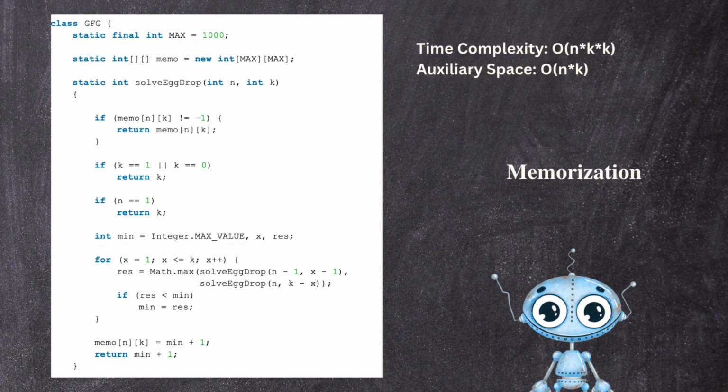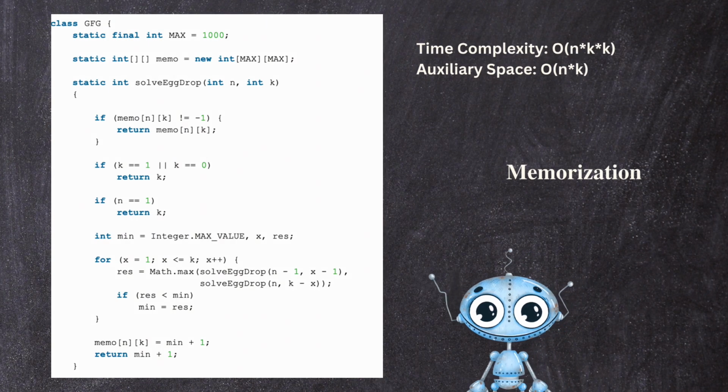If n equals 1, return k, base case. Create an integer min equal to the integer maximum and an integer res. Run a for loop from x equal to 1 till x is less than or equal to k. Set res equal to the maximum of solveEggDrop(n-1, x-1) or solveEggDrop(n, k-x). If res is less than integer min, then set min equal to res, set memo.